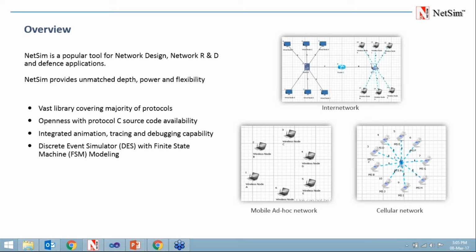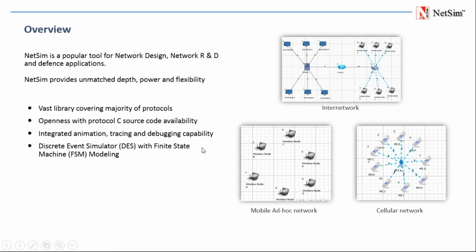The purpose of the user source code is to enable users to edit the standard protocol code according to their own implementation. Then further they can link it with Netsim and analyze the performance of the newly designed protocol.